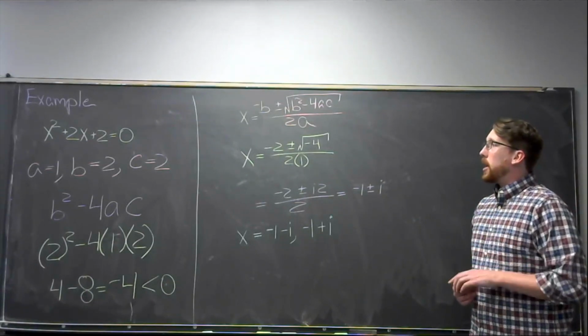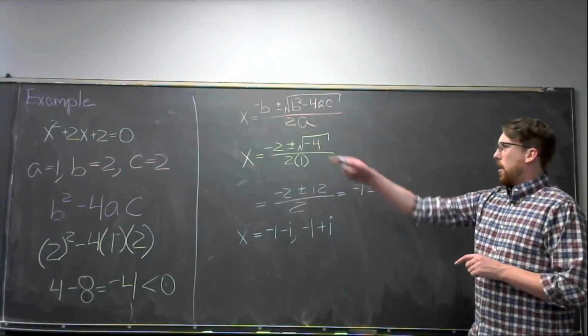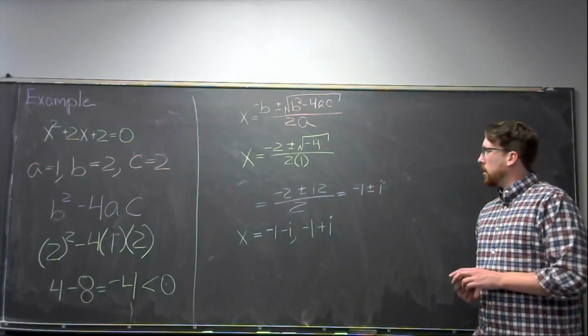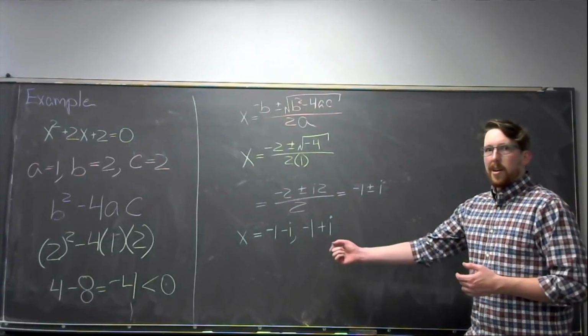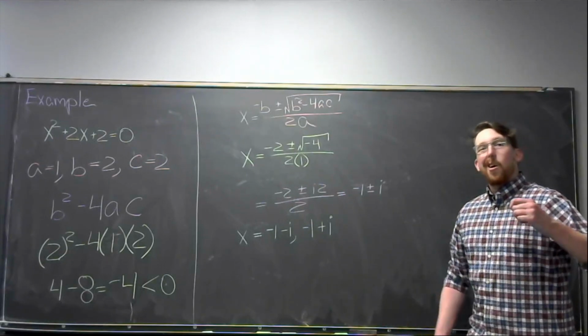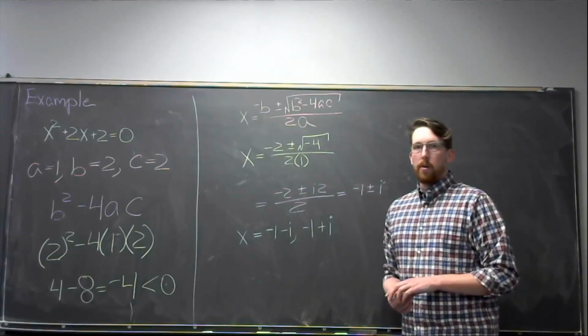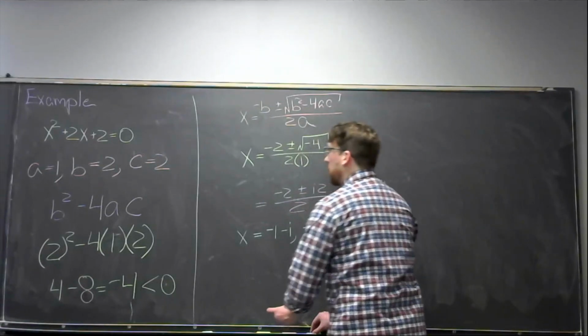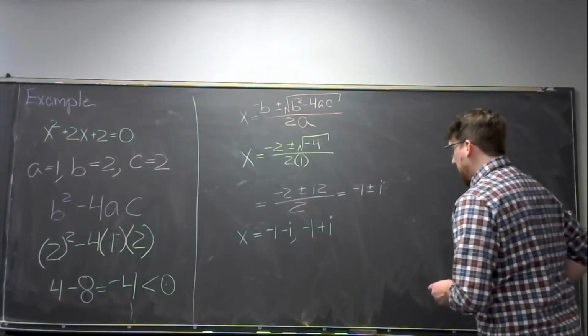Let's say you were able to look at this equation and be like, oh yeah, obviously -1 minus i is an answer. Well, then you know that -1 plus i also has to be an answer. Not just that, now you know that you can factor this out.